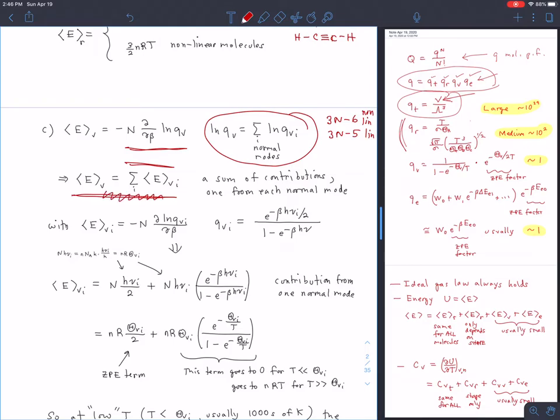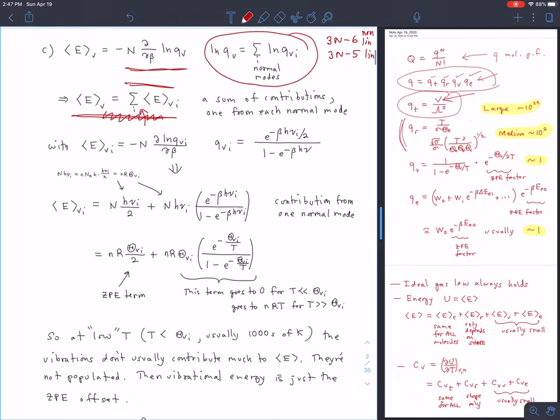In other words, I'm going to put these sums in, and I'm going to put products in and stuff like that, as if there was always more than one normal mode. Of course, obviously, diatomics only have one normal mode, and in that case, the sum only has one term, or the product only has one term, but I'm going to keep the products and sums as if there were more than one normal mode. So it covers all cases, not just the diatomic cases. And I'm not going to separate those two possibilities, so watch for that.